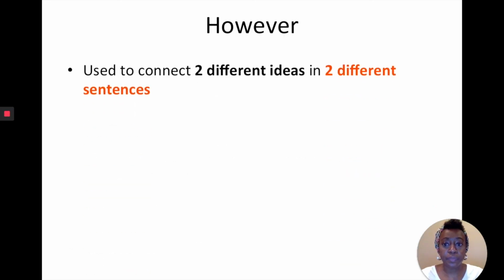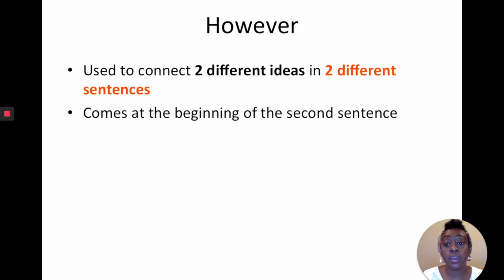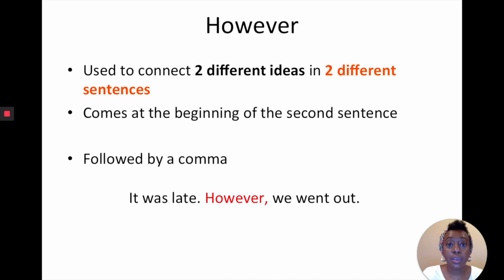However. We use however to connect 2 different ideas in 2 different sentences. Later on, you'll realize that it can also be in the same sentence, but we're not going to do that for today's lesson. Okay, it comes at the beginning of the second sentence, and then it's followed by a comma. So for example, it was late, however, we went out.